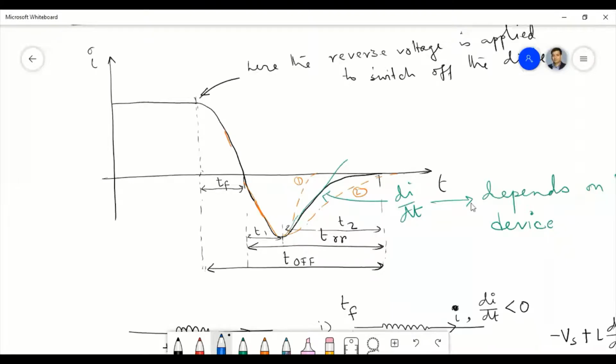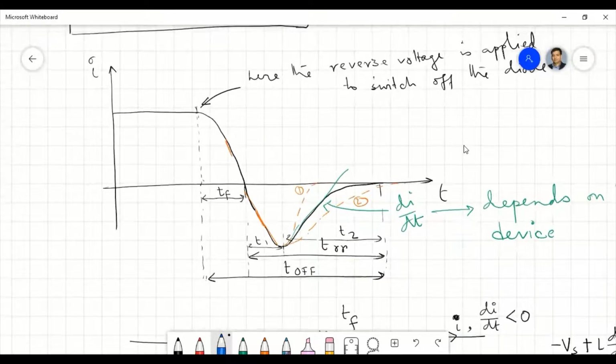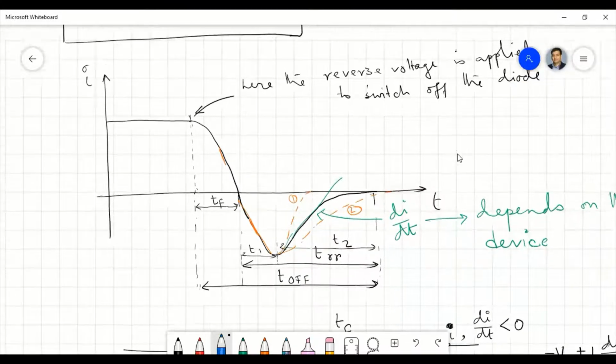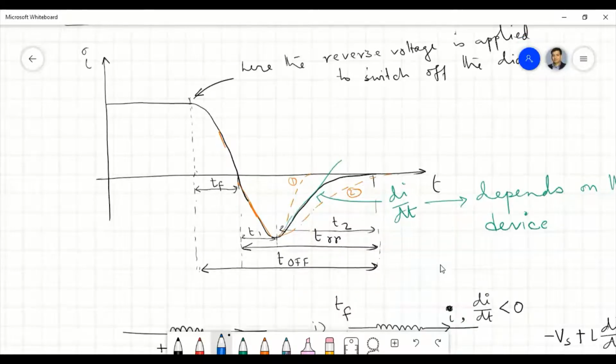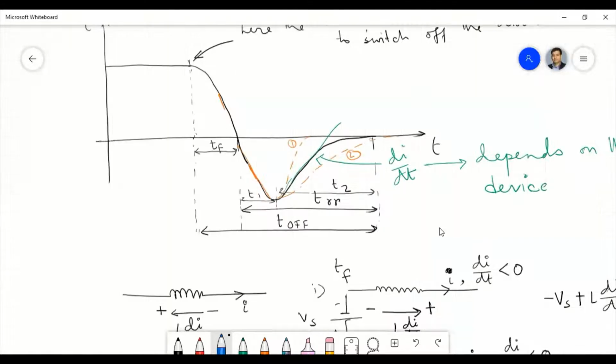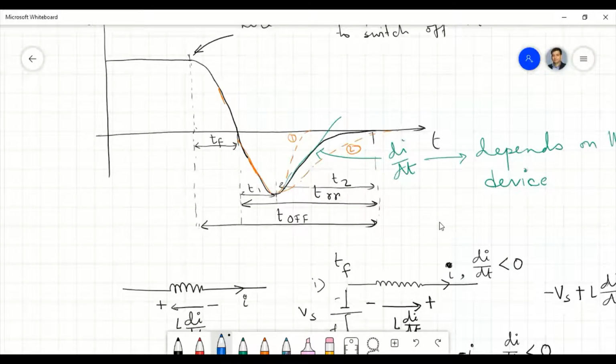So we were discussing the reverse recovery phenomena for power diode, and what kind of problem you can have due to this recovery time, especially due to this di/dt.